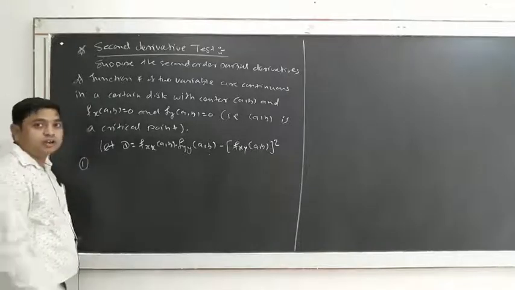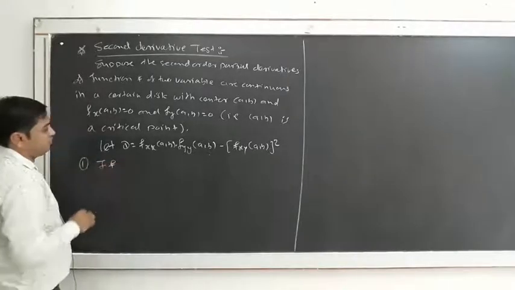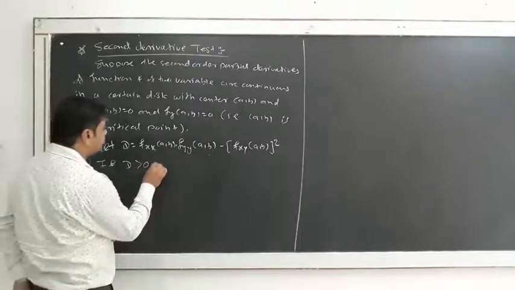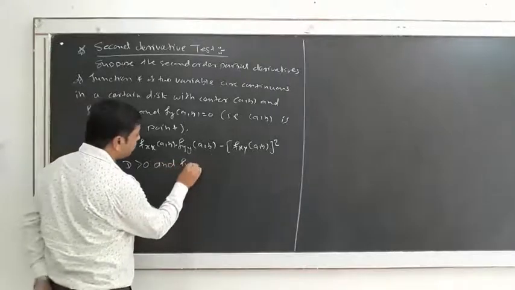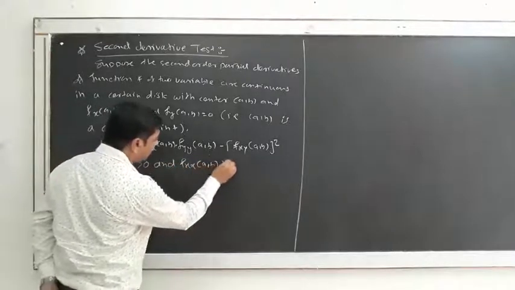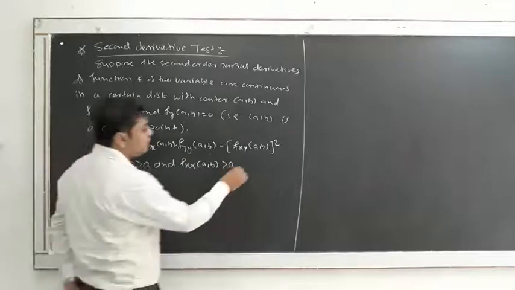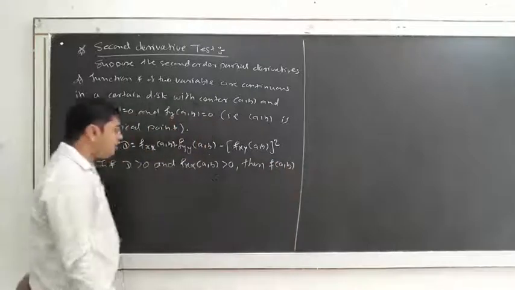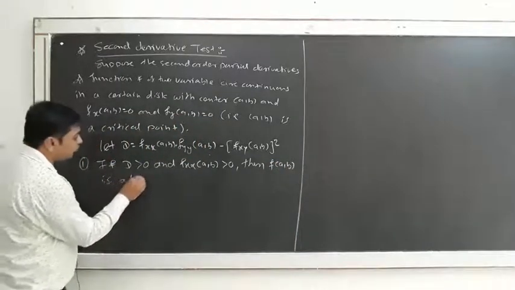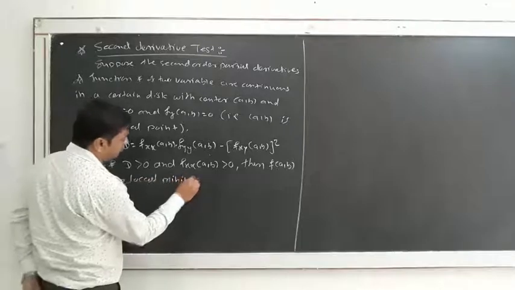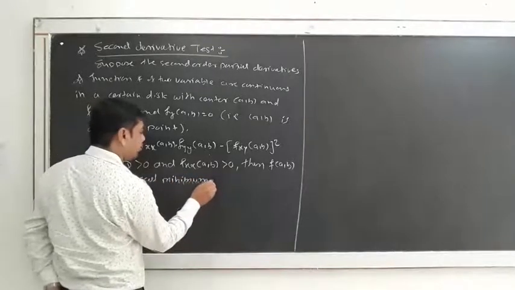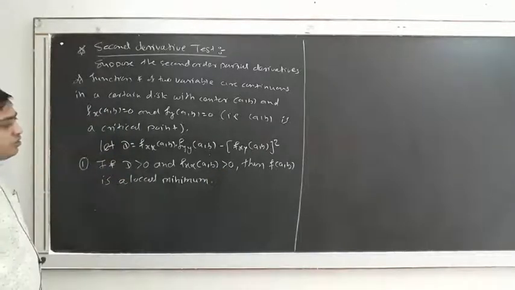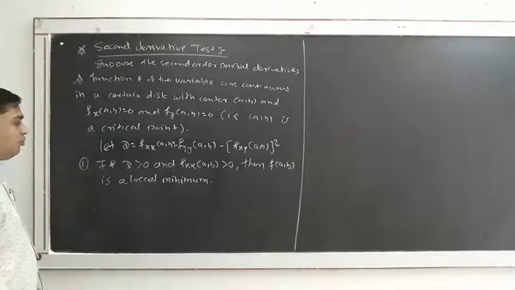Then we write some cases. First, case number 1: if D is greater than 0 and fxx at (a, b) is greater than 0, then f(a, b) is a local minimum. That is, if D is greater than 0 and fxx is greater than 0, then f(a, b) is a local minimum.